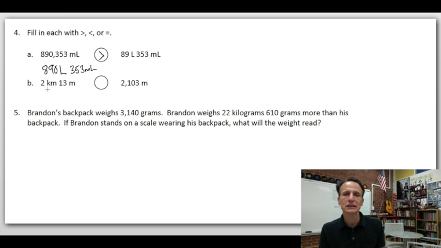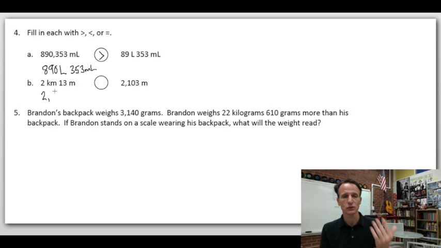So 2 kilometers, well, 1 kilometer is 1,000 meters. We know that relationship. So 2 kilometers would be, yes, 2,000 meters. But of course we have these 13 meters as well to incorporate in this single count of meters. And you could write this out in 2 steps. You could write 2,000 meters plus 13 meters.